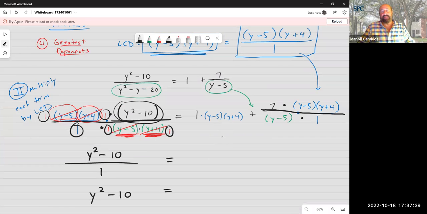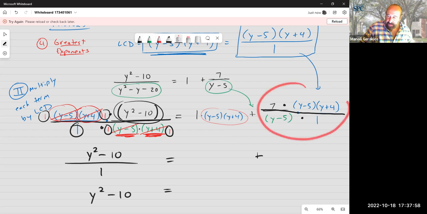Okay, now let's move to the right side. We're going to have to FOIL these. Let's come back for a second. I want you to see this. In this one, I want you to see the fractions go away. This denominator, y minus 5, finds itself in that blue LCD. Anything divides into itself and leaves 1s behind.